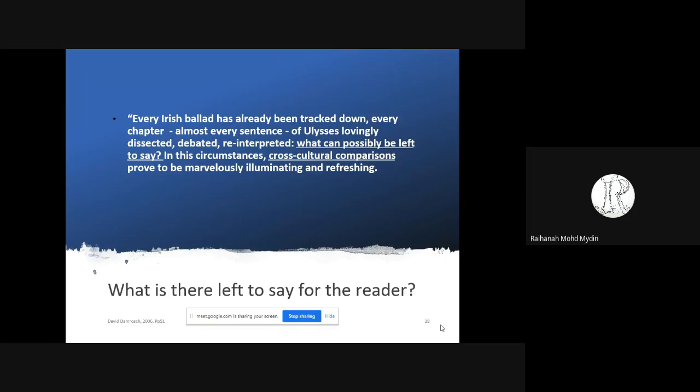This is what Professor David Damrosch, who is also a professor of comparative literature, had to say. Every Irish ballad has already been tracked down, every chapter, almost every sentence of Ulysses lovingly dissected, debated, reinterpreted. What can possibly be left to say? In these circumstances, cross-cultural comparisons prove to be marvelously illuminating and refreshing.